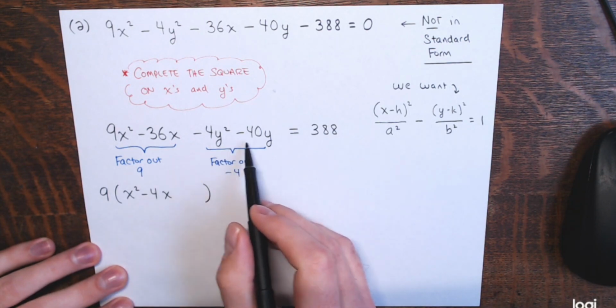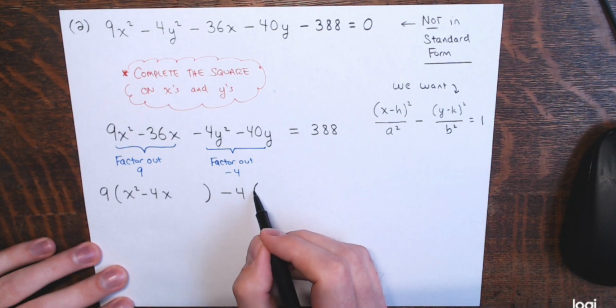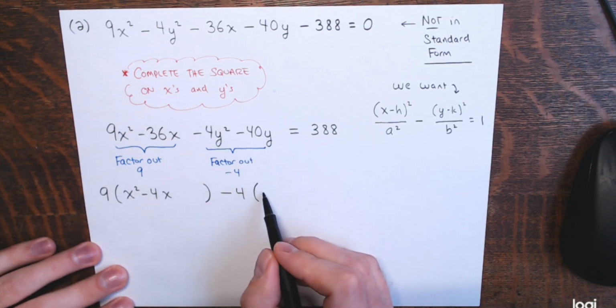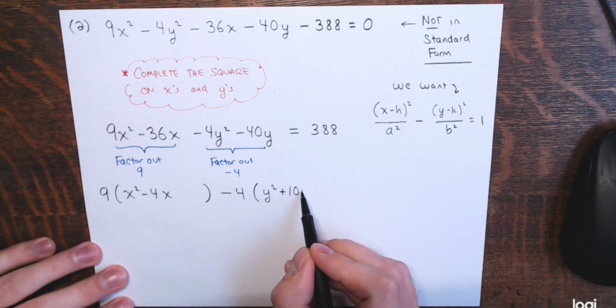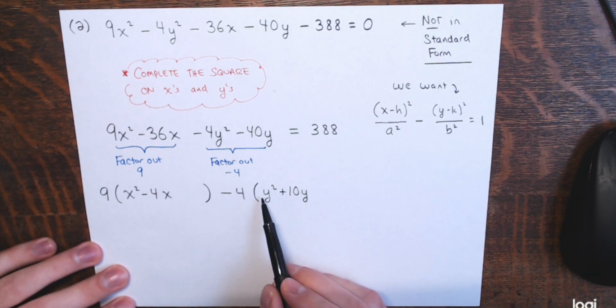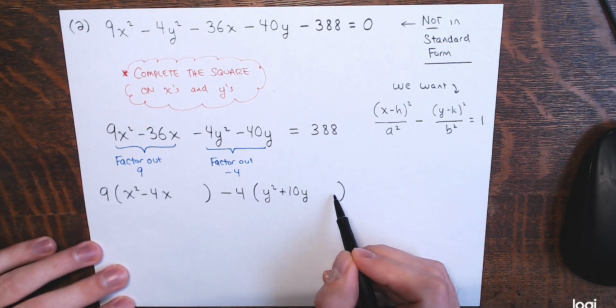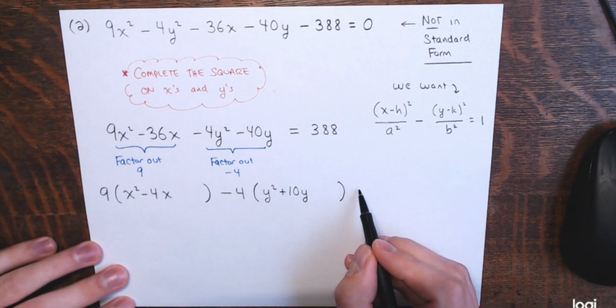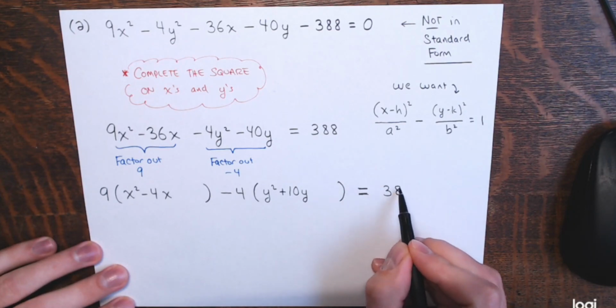Same thing for the y terms. If I factor out negative 4, I pull negative 4 out, and we'd have y squared plus 10y. And now the coefficient of y squared is 1, so I can complete the square on the y's. I'm going to leave some space for that number we're going to add. And then the other side I haven't touched, so equals 388.